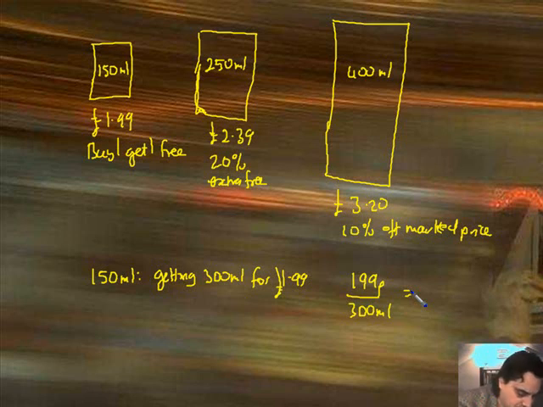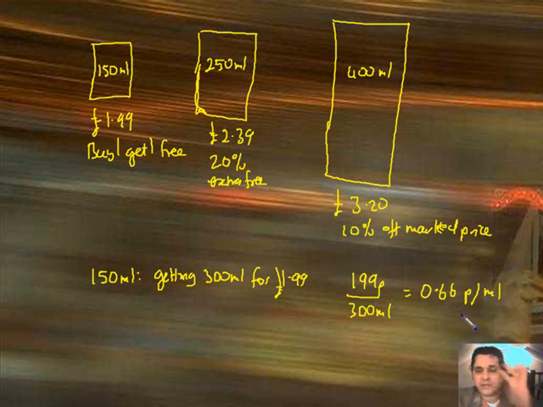199 divided by 300 comes to 0.66 pence per milliliter. So every little milliliter of shampoo costs me 0.66 of a penny.